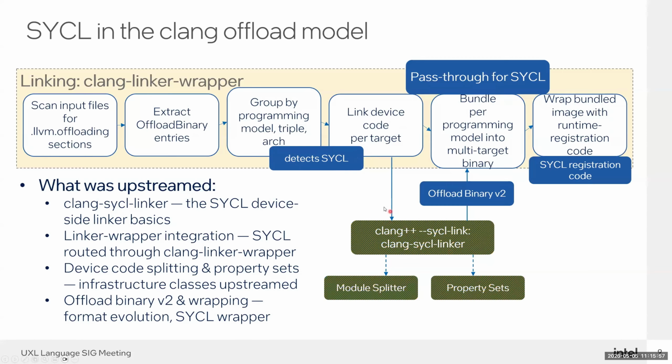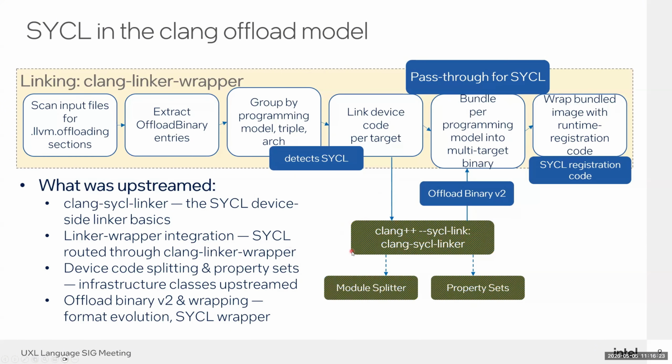So basically, for linking of device code, Clang linker wrapper is calling Clang++, which is then further calling other tools like LLD or something else. But for SYCL specifically, we introduce the SYCL link flag, and we are calling Clang SYCL linker, which we also introduced.